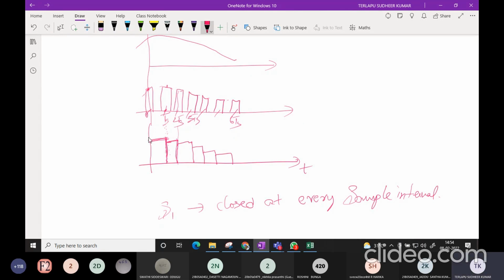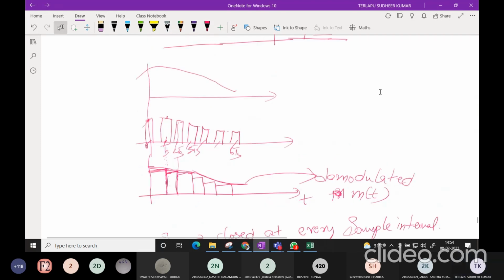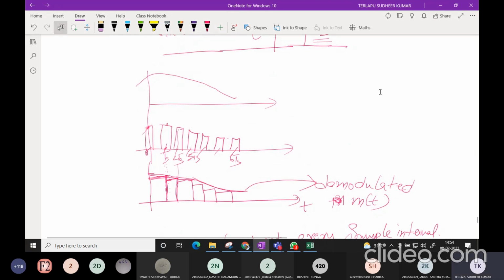If I join this or pass it through a low pass filter, this is my demodulated PAM signal, or demodulated m(t). These peaks, this is my demodulated signal.